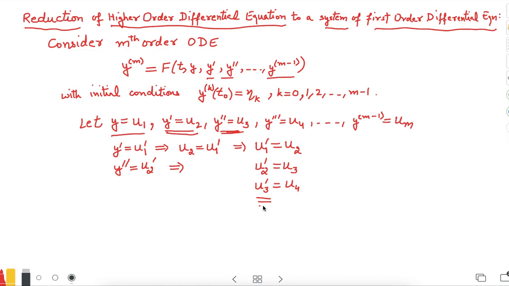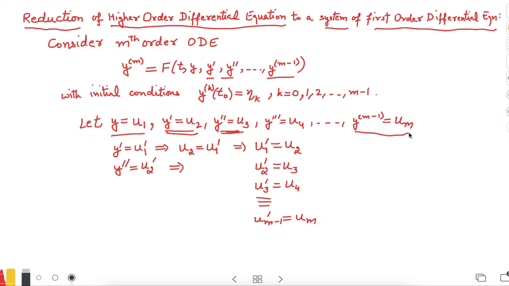This can be continued until u of m minus 1 derivative, the previous term's derivative, is equal to um.